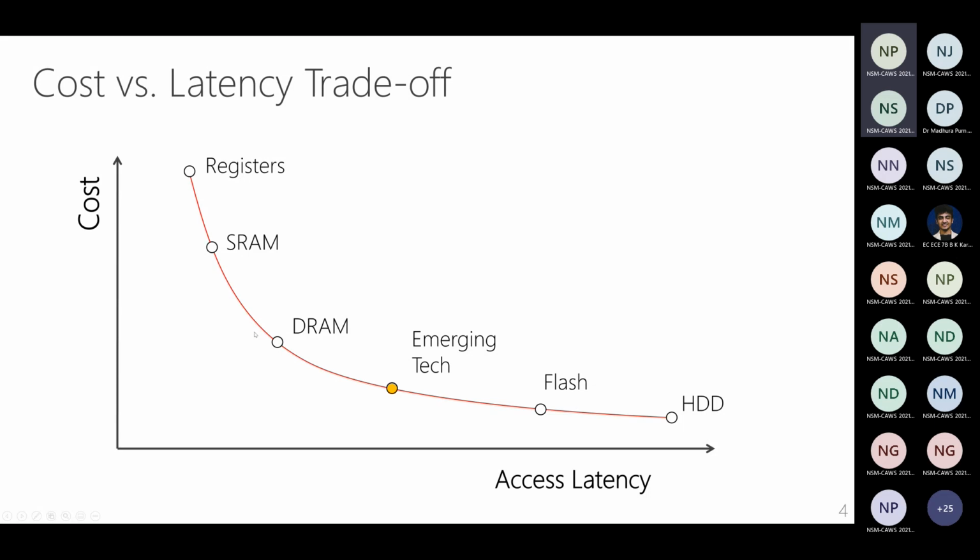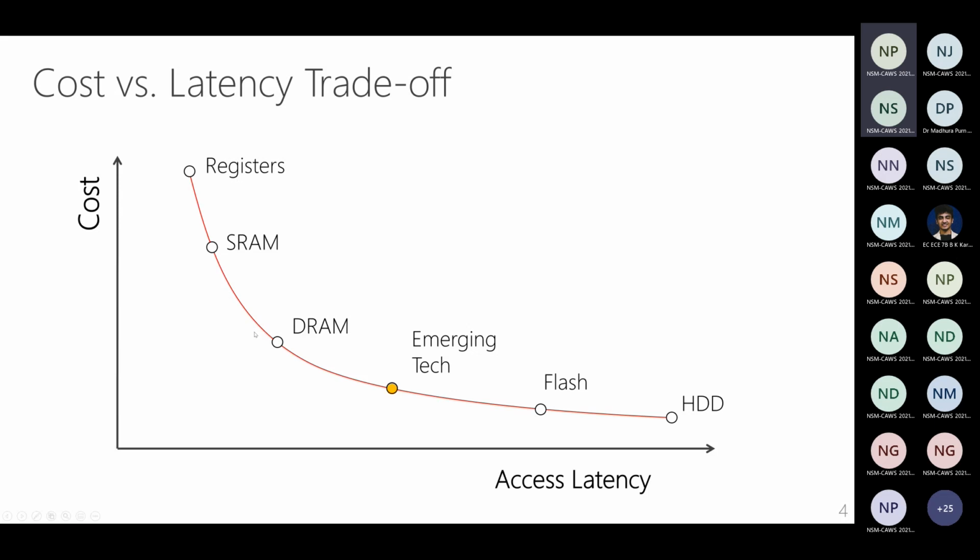Volatility is definitely a property that we want, or non-volatility is definitely a property that we want from some memory devices. Regardless, even if DRAM were non-volatile, the same principles would apply, right? And it is possible to make DRAM non-volatile. Today the main reason why DRAM is volatile is because it needs a continuous power supply.